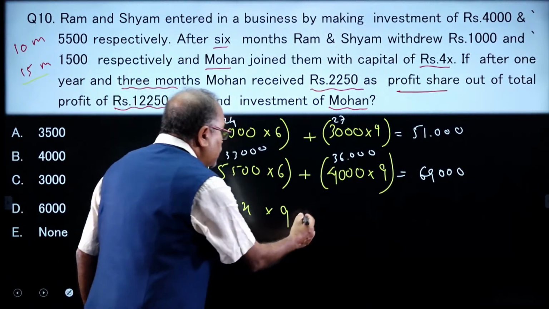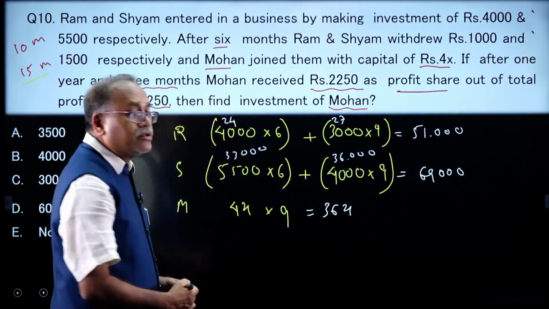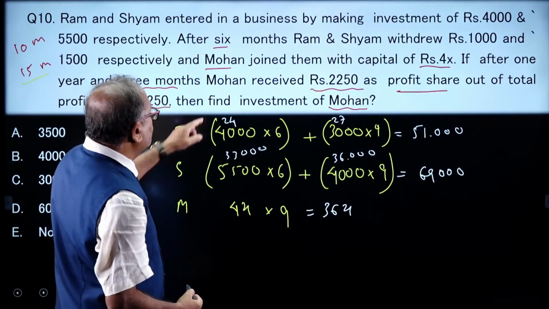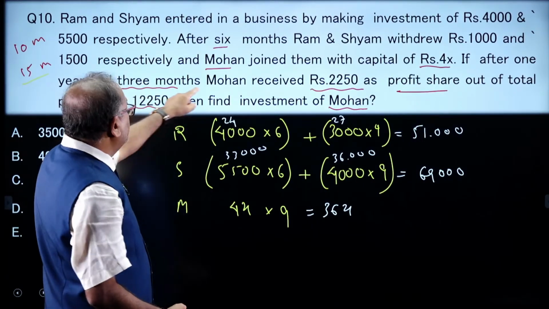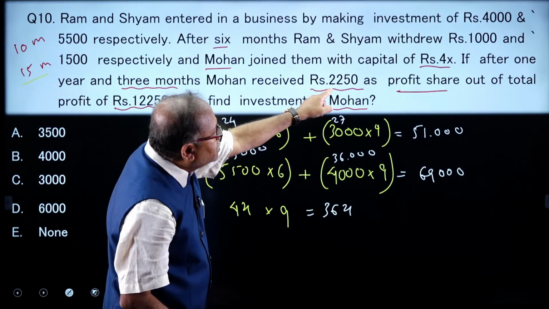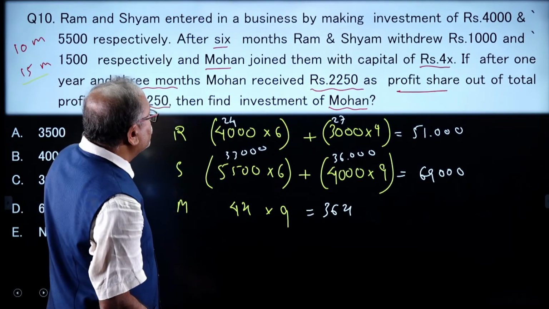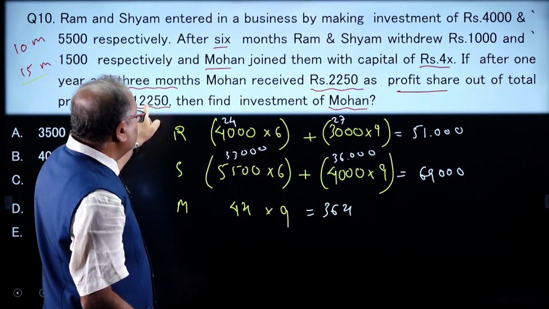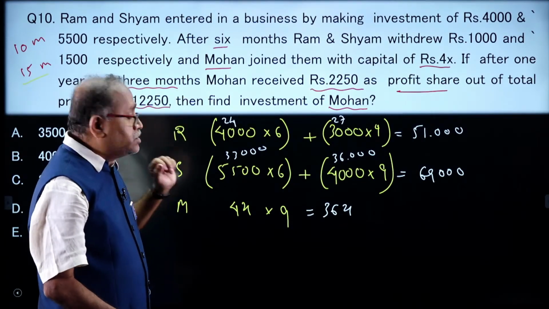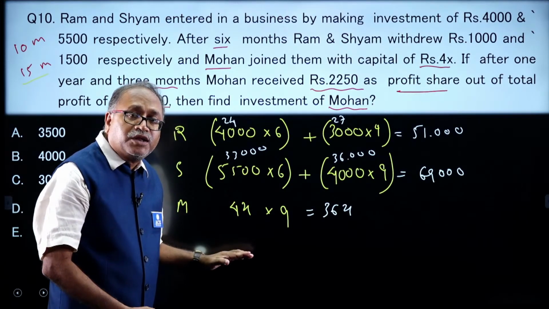And what is his capital? That is 36x, x is the capital here. And I know his profit. Whose profit? Mohan's profit. I know Mohan's profit over here. So what do I need to find out? The total profit is there. So how do I write Mohan's capital by total capital?